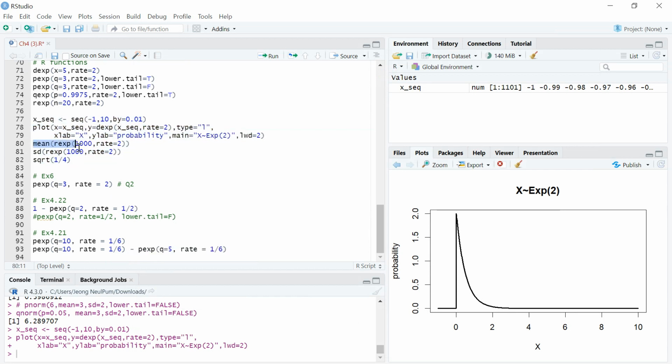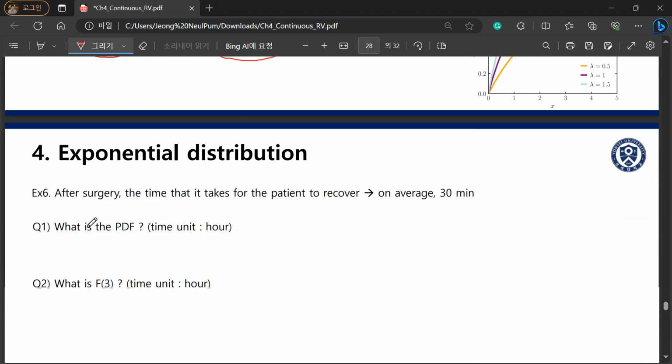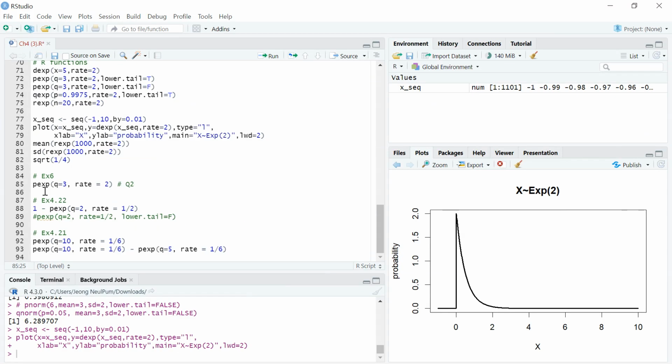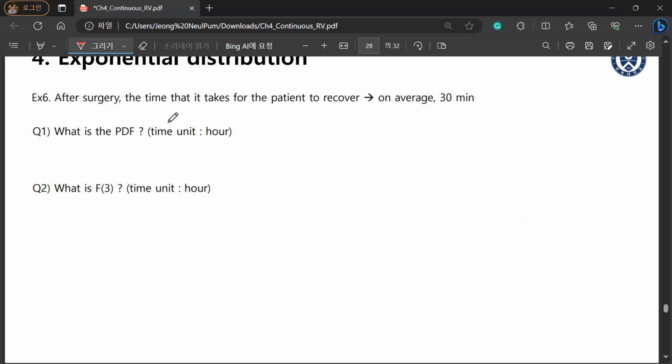And you can also get the mean and standard deviation after generating a random sample from the exponential distribution with the hyperparameter rate. And there is also an example for dealing with the exponential distribution.